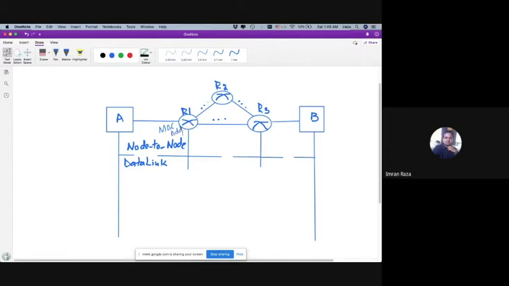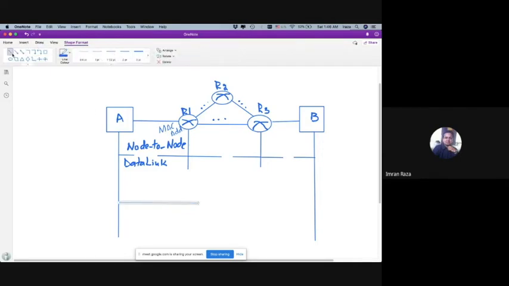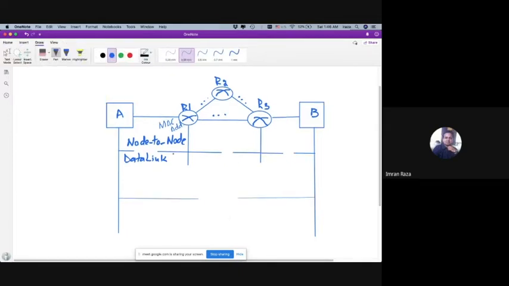Right, but there's another type of connectivity here. And this connectivity is between machine A and machine B, where machine A is connected with machine B, right? And this type of connectivity is called end-to-end connectivity.